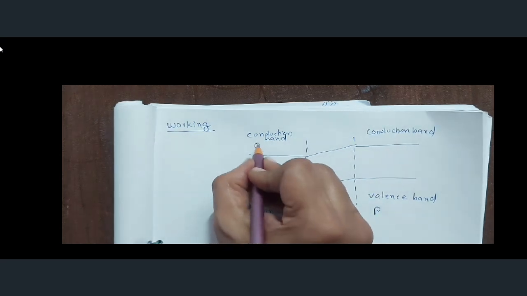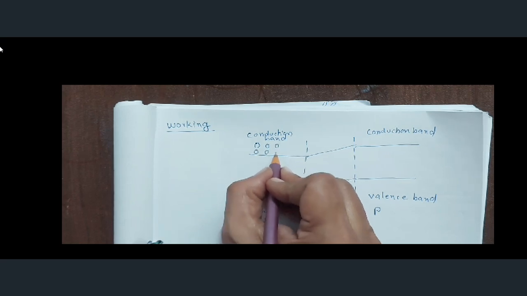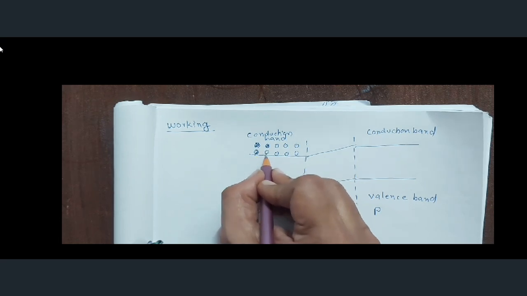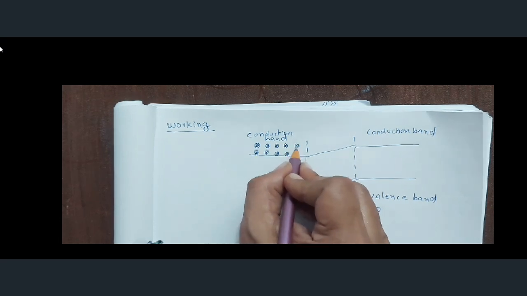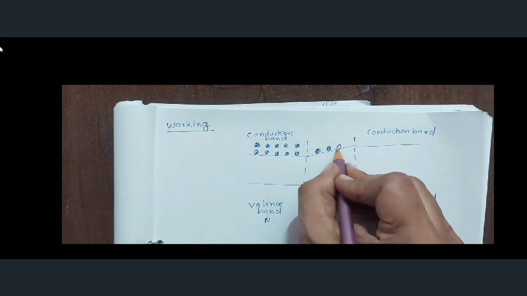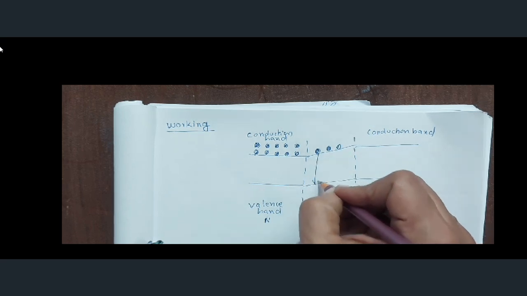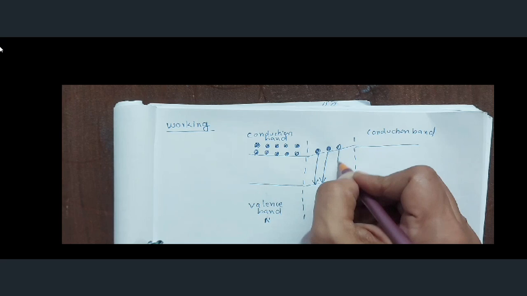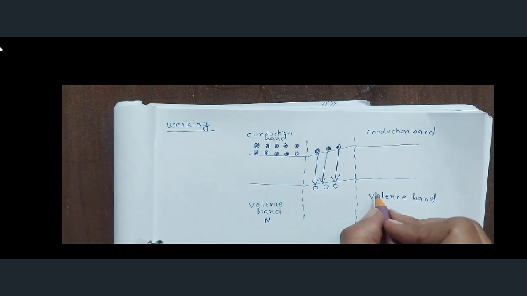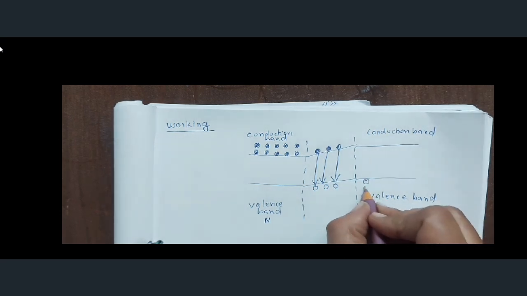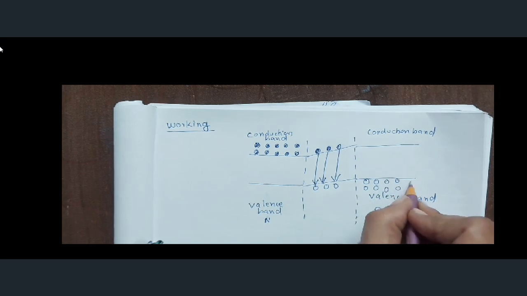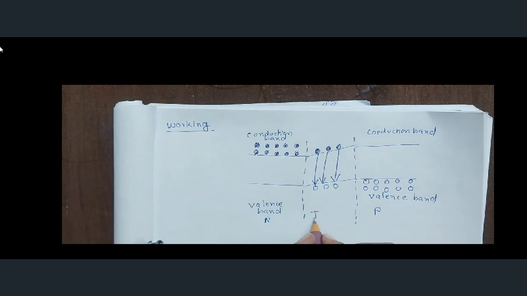Now here for N, the conduction band is full, here for P means holes, valence band, and this is the junction.